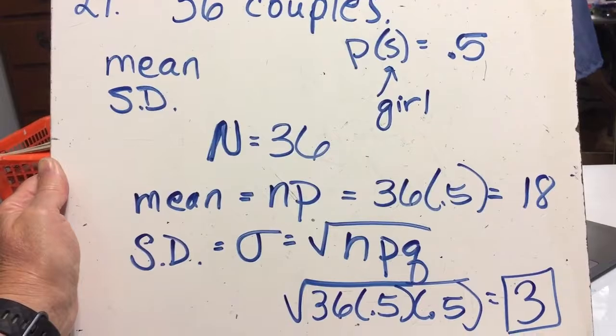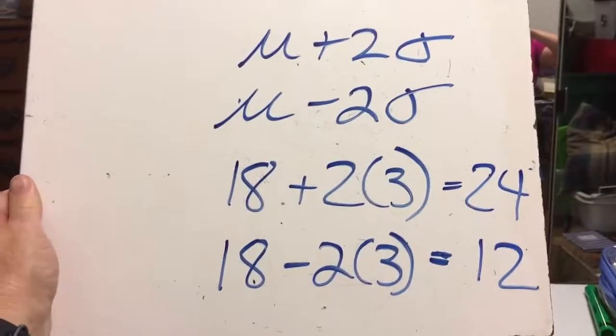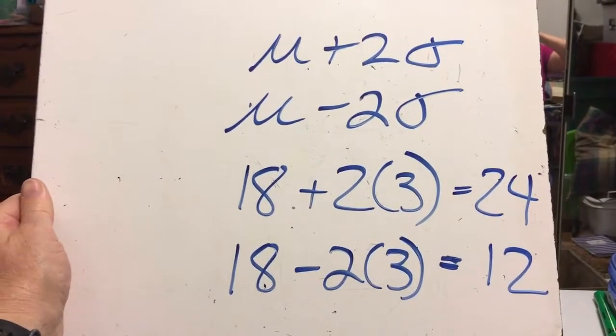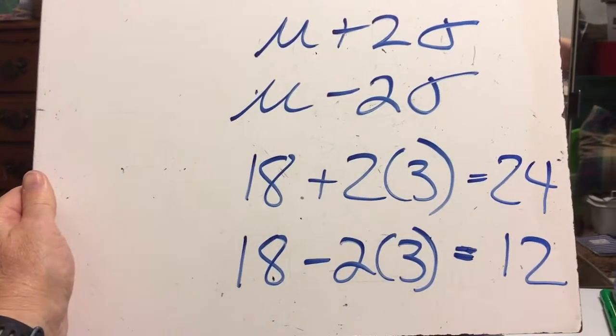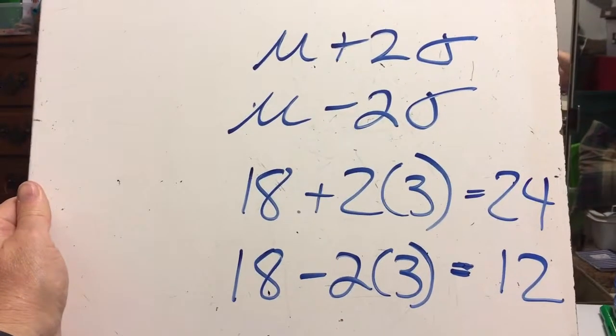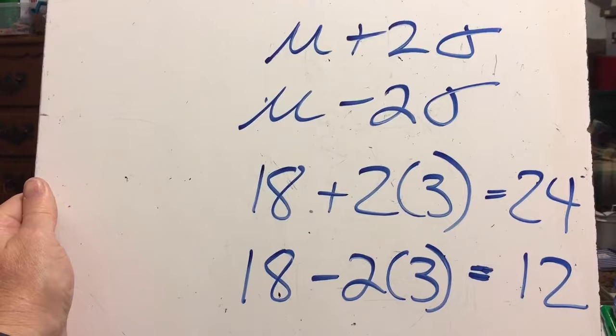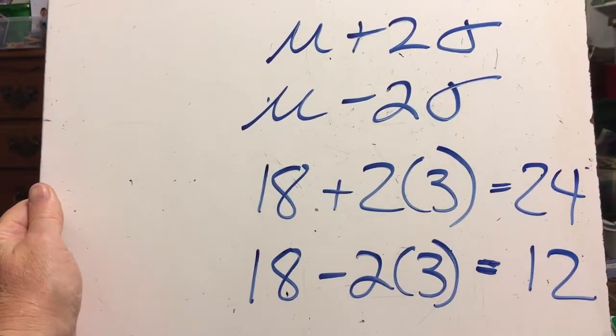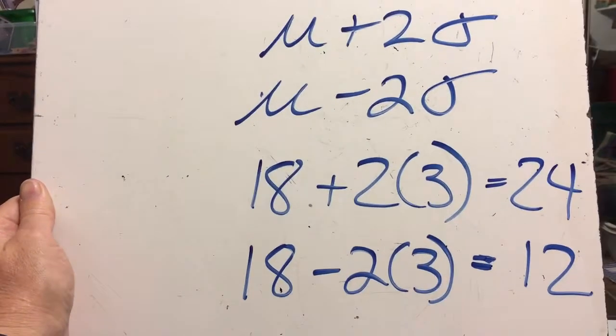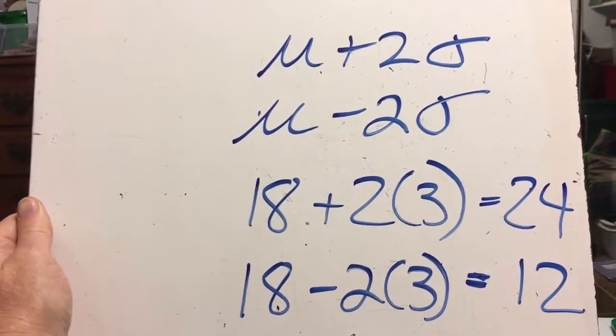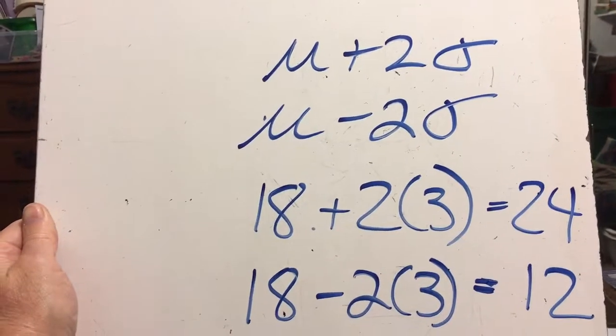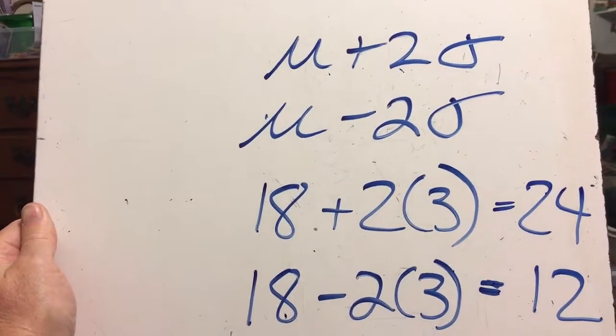Now let's go on to B. In B, we're supposed to use our range rule of thumb to determine what the significantly low or high regions would be. So we're going to take the mean, which is 18, and add 2 standard deviations, which is 2 times 3.